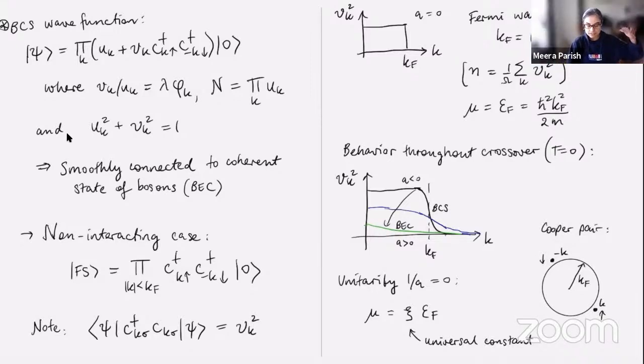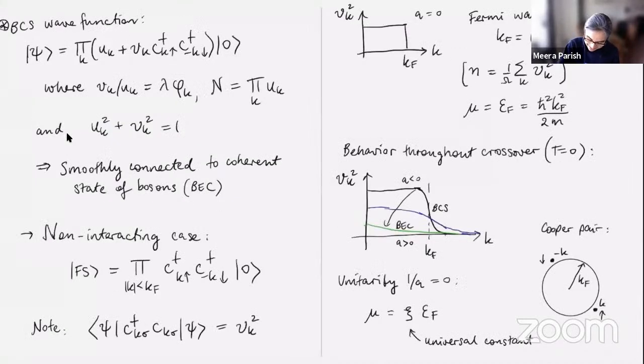If you fix a particular temperature and then vary the interactions, you will go through a phase transition. But that's just because the critical temperature itself depends on interactions, if that makes sense.